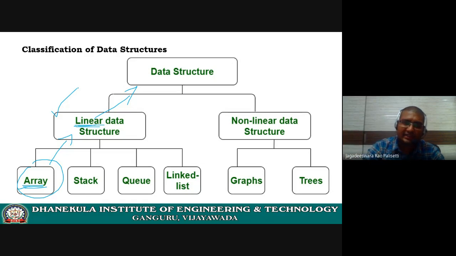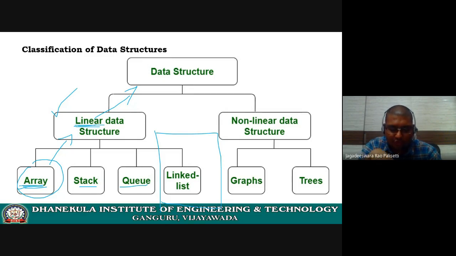Linked list we will discuss now, because linked list can act as both linear and non-linear. That is another way. So whether it is array, stack, or queue, if you want to implement those data structures, the first constraint is that we require memory, and it should be in a continuous manner. Otherwise, you cannot implement.